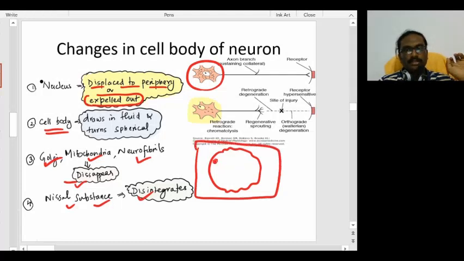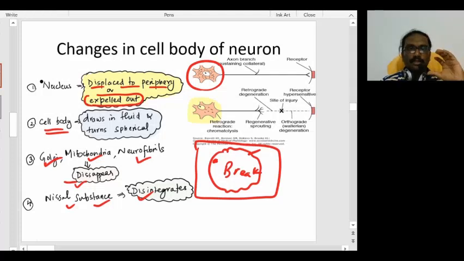Sometimes the nucleus also will not be there, and finally this cell body is also sometimes going to break at one point. If more and more water comes in, even the cell body is going to break out. So these are the changes that you will see in the cell body.